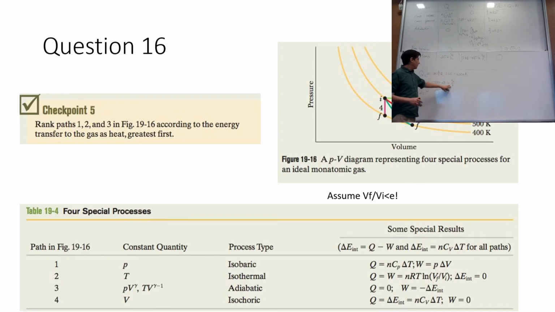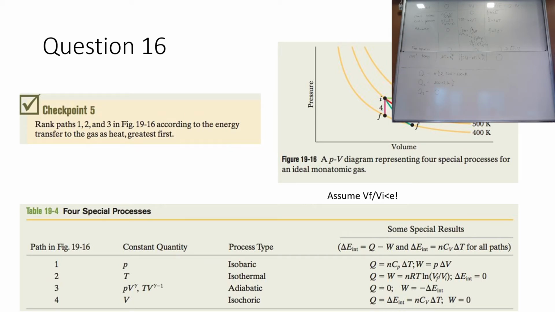It depends on this log factor, because otherwise it's exactly the same. This is 500 nR, this is also 500 nR. So this is like log of Vf over Vi. Now, we're not really told how much bigger Vf is than Vi.